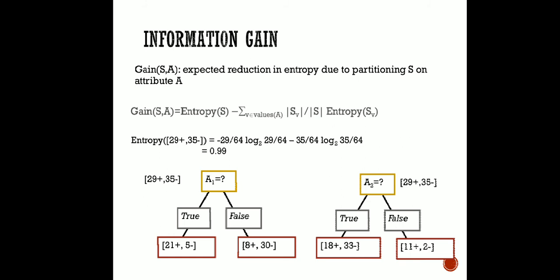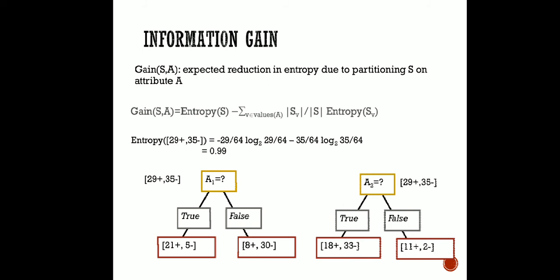The probability of being positive is 29 divided by 29 plus 35, that is 29 divided by 64, and the formula was minus log base 2 P1. So we have just kept this negative sign before the beginning of the equation. It will be somewhat like this: minus 29 by 64 log base 2 of 29 by 64, and the negative part as well. So it is coming to 0.99. Fine.